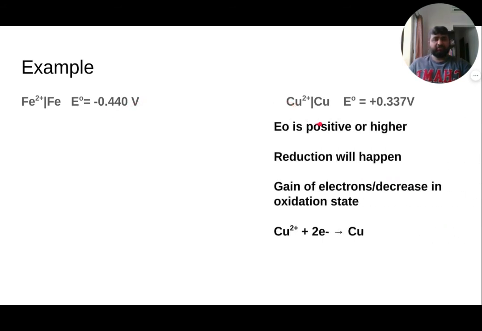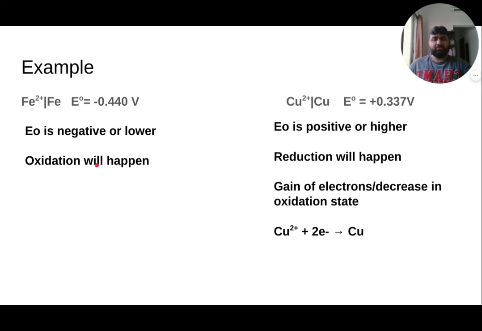So E naught is positive in this case, or higher, so reduction will happen. Reduction means gain of electrons, and I will write 2 electrons on the reactant side, as the oxidation state decreases from +2 to 0. So copper 2 ions plus 2 electrons giving you copper. For the next case, iron has a lower E value, so most likely oxidation will happen.